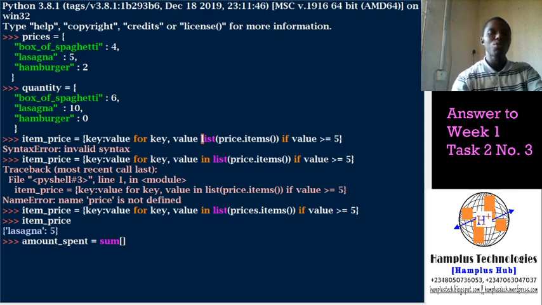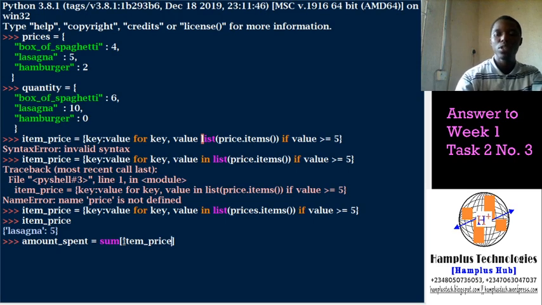In this place, I'll use the new dictionary I found, item_price.items, and I'll put it in a list so that we have a list of tuples, which will give me the products.